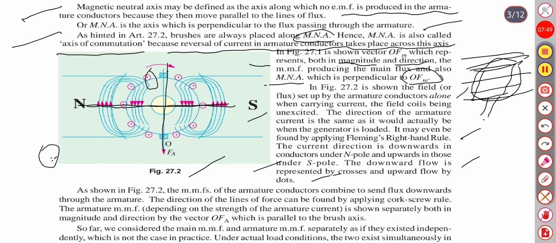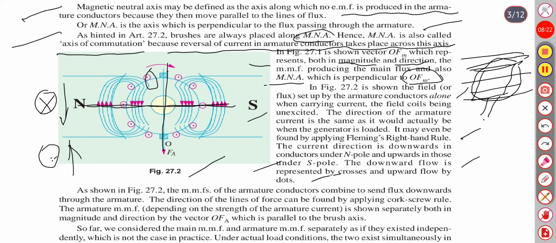And if these circles have a cross, then the flow of current is downward. This is upward.